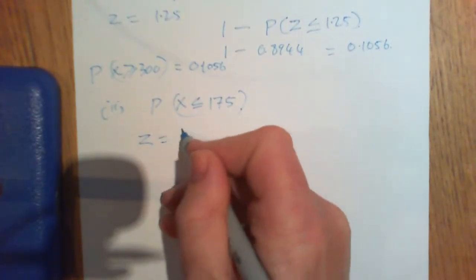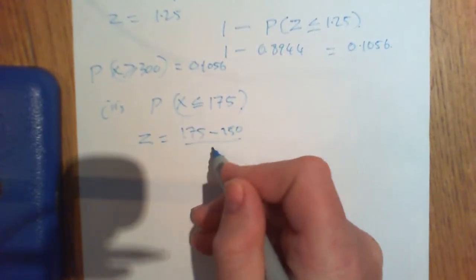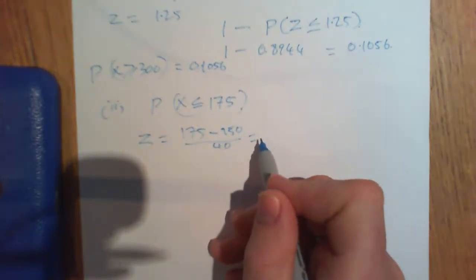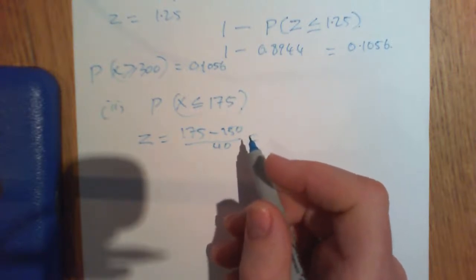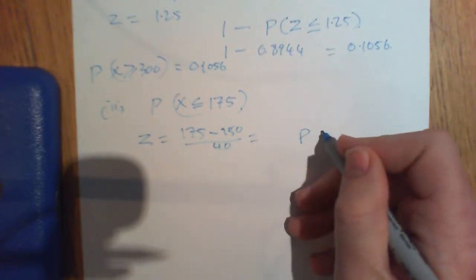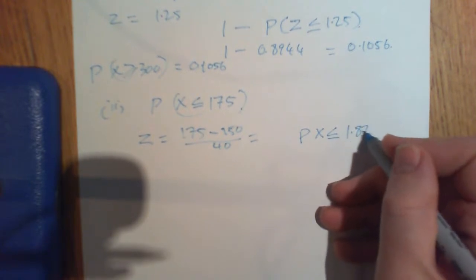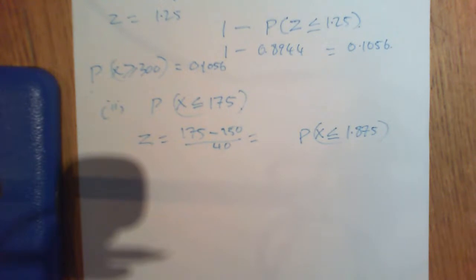It's 175 minus 250 over 40, which is minus 75 over 40. So that's a negative one. We want the probability that our z is less than or equal to minus 1.875. Let's work that one out.